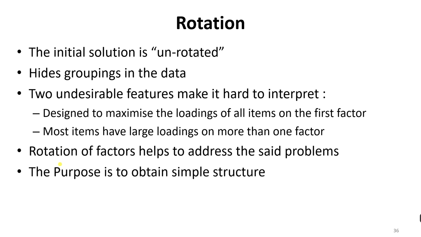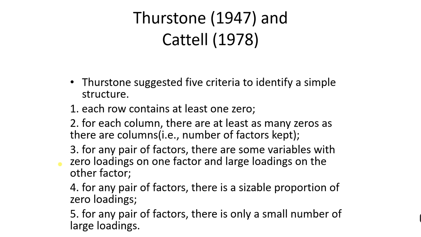The rotation helps to address these issues, and the purpose of the rotation is to obtain a simple structure that can be easily interpreted and explained. Thurstone and Cattell have given five criteria to identify a simple structure.